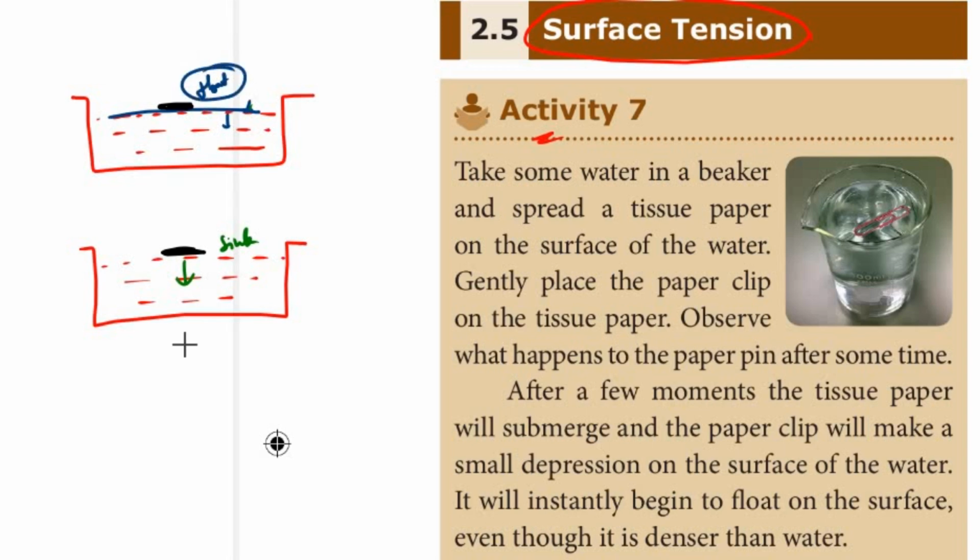It's interesting. Previously the paper clip sank down, but this time the tissue paper sinks down. However, the paper clip, which is much denser than water, will float. Now the question is, why is this happening?